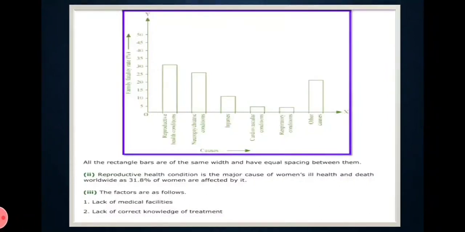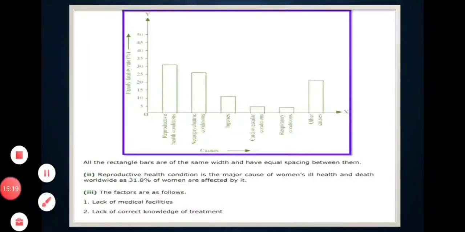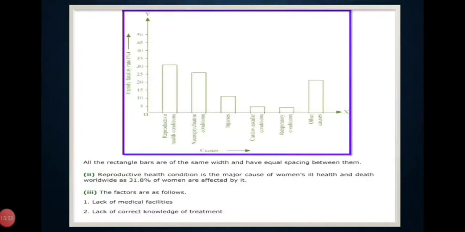So for the first cause, the rate is given as 31.8, so you will create a bar for the first cause till 31.8, because the female fertility rate in percentage for the first cause is 31.8.